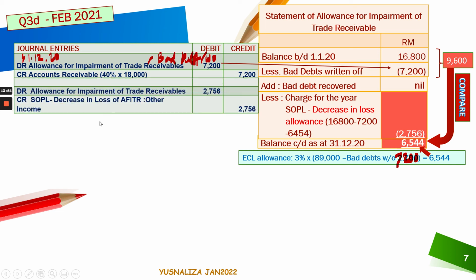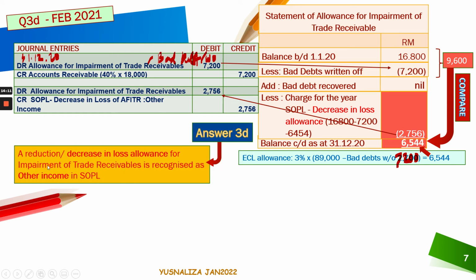So in terms of journal entry, just to show you, this is not required. This is the journal entry for you to go and credit the SOPL and debit the allowance with the charge for the year. So this is what you calculate here if you want to do the journal. But the answer is just this, where the reduction in the loss allowance is recognized in other income in the SOPL. How much is the reduction?